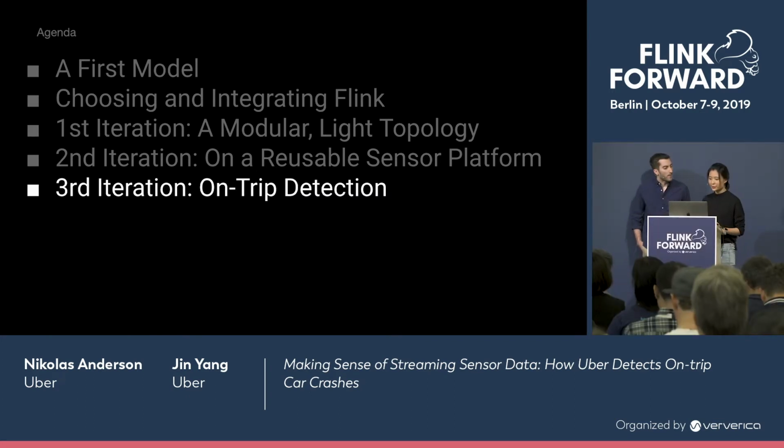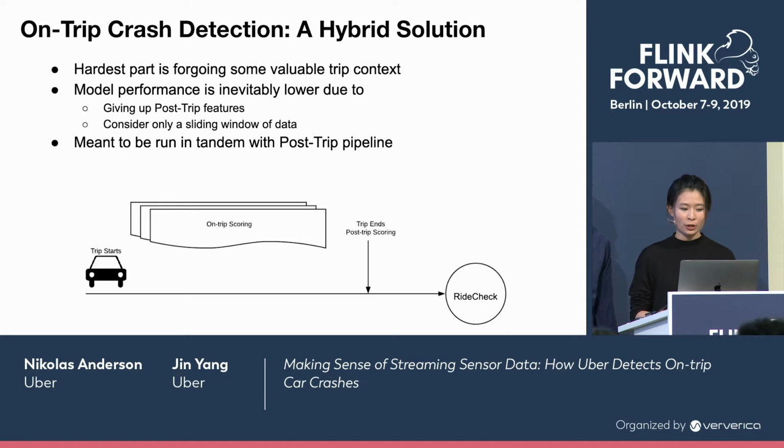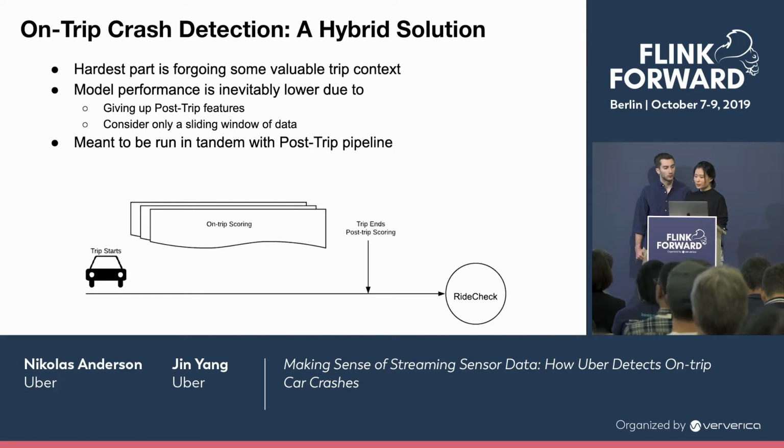Okay, lastly, we introduced the on-trip crash detection, which removes the dependency that we have to score the trip as a whole on a post-trip basis, and we decide to continually score the trip while the trip is ongoing. However, the biggest challenge of on-trip crash detection is that it misses some fundamental trip context.